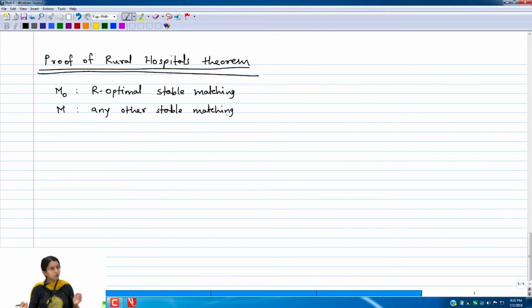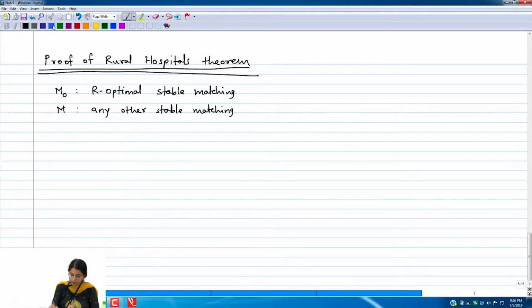Because to prove the rural hospitals theorem, there have to be more than one stable matching in the first place. Otherwise, it doesn't make sense to say that in all stable matchings the undersubscribed hospitals get the same set of residents. The statement will be trivially true if there is only one stable matching. So we consider the case when there are multiple stable matchings. In particular, M naught is the R optimal one and M is any other stable matching.